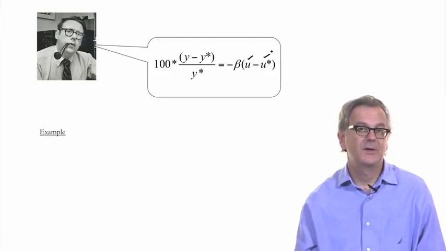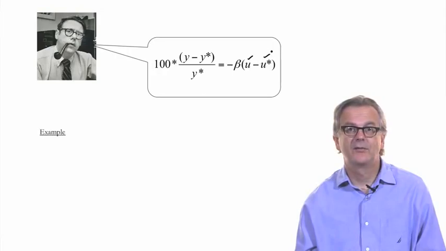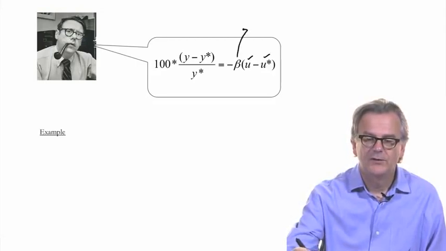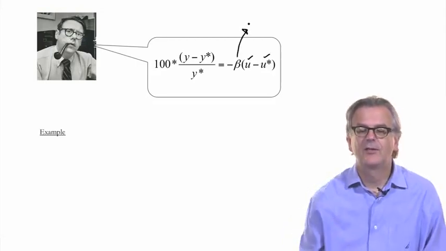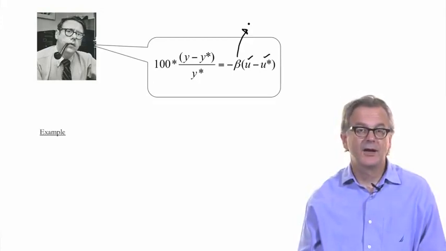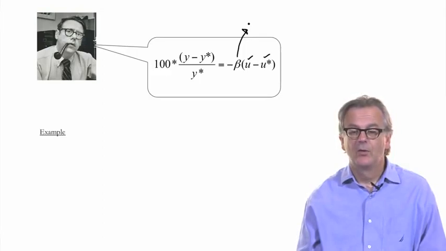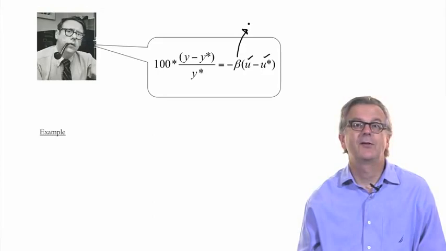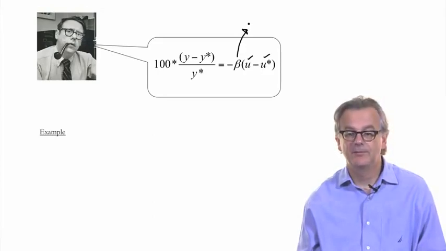If there is a difference between the actual unemployment rate and the natural rate of unemployment, then what you're observing is cyclical unemployment. And what Okun's statistical analysis showed is that those two concepts, the economy's output gap and the amount of cyclical unemployment, were related by a number which he represented by the Greek letter beta.